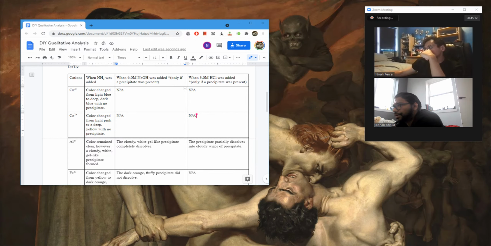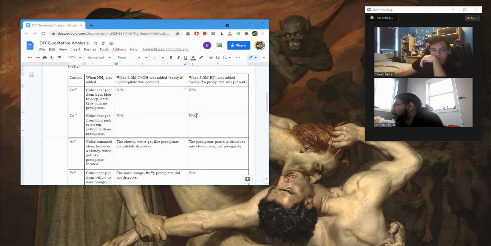For cobalt, it says light peach added precipitate for table 2, and then table 3 has another observation as well. But would that even be put in, because they didn't add any NaOH? Well, they did add NaOH to the cobalt, but it doesn't seem like they added it for HCl.